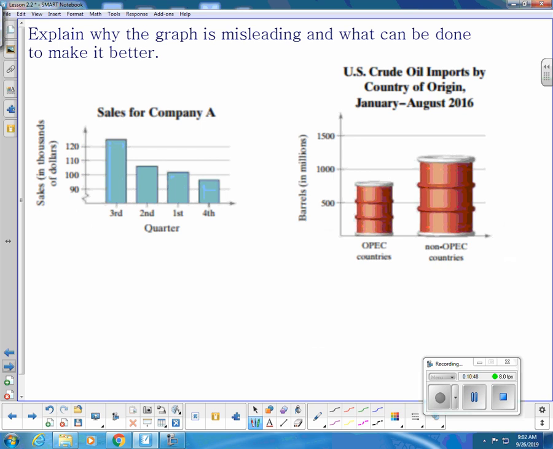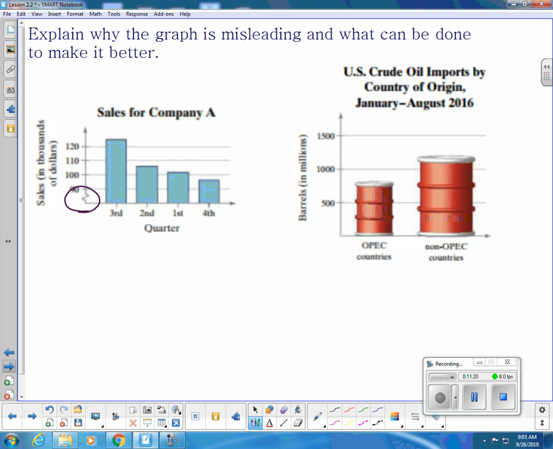Explain why the graph is misleading. So if I'm looking at the first graph here, I can see a huge mistake. Even though it looks really nice and neat and it looks like a Pareto chart, the problem is this right here. They have taken the y-axis and done one of those little jogs saying, we're not starting at 0. You need to start at 0 on your y-axis because that shows you something. Here, the differences between the third and the second quarter look significant.